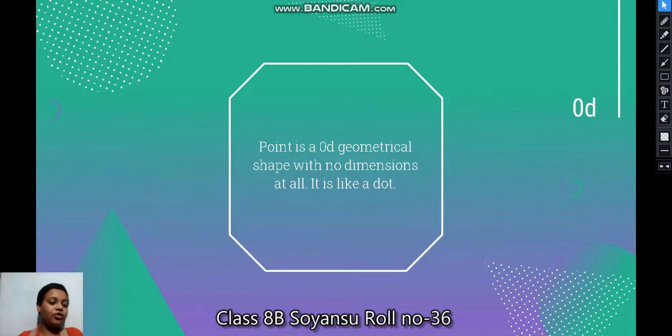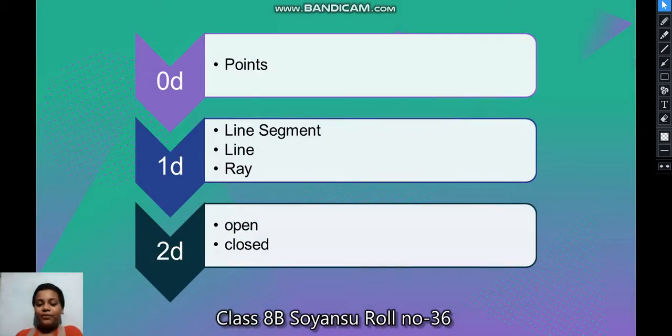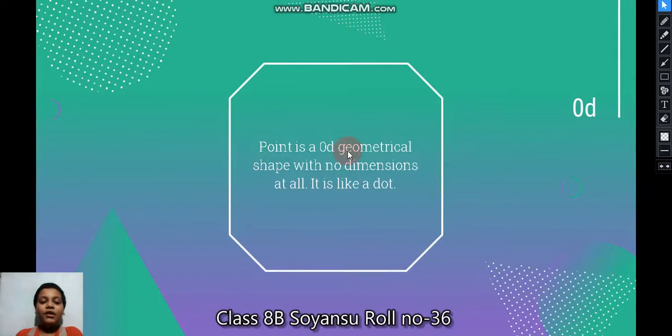So first we will go to 0D. What is a 0D figure? We have learned in this flow chart that a point is 0D. A point is a 0D geometrical shape with no dimension at all. It is like a dot, like this red dot.